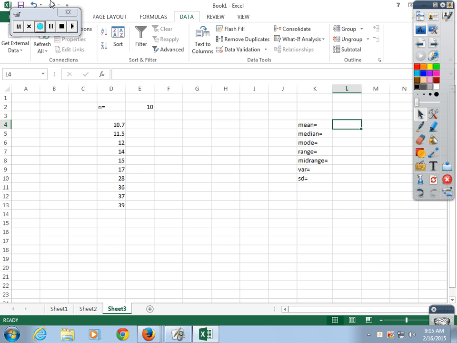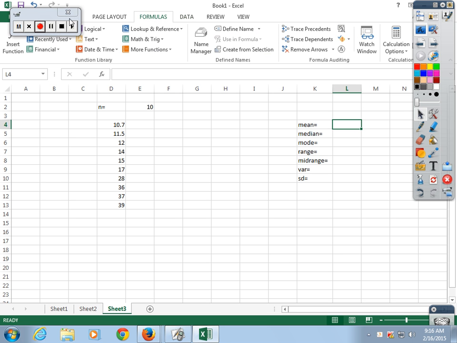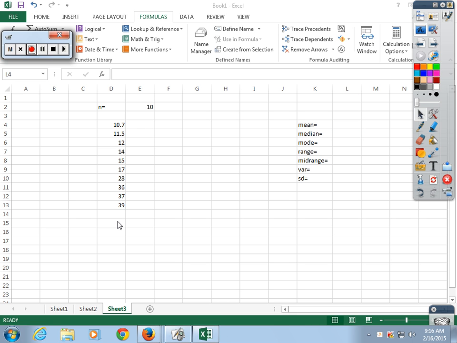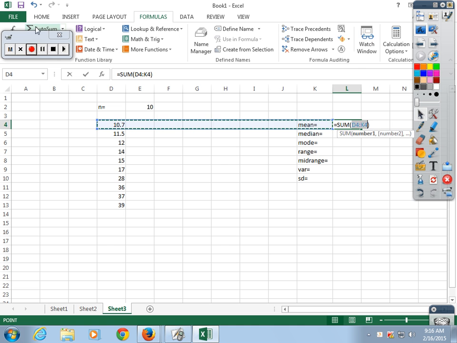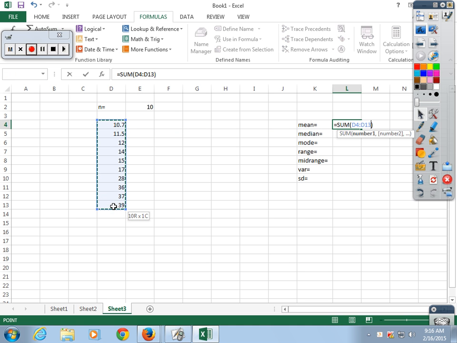Alright, so I went ahead and wrote down median, range because they're going to ask you for this in one of the questions, so I just figured I'd go ahead and do it. So, alright, let's find the mean. I'm going to add these up, and we're going to divide that by n.